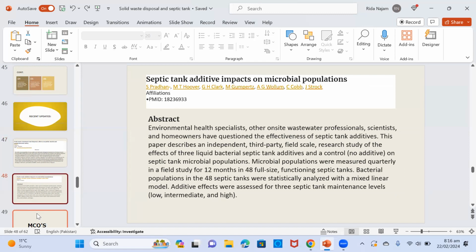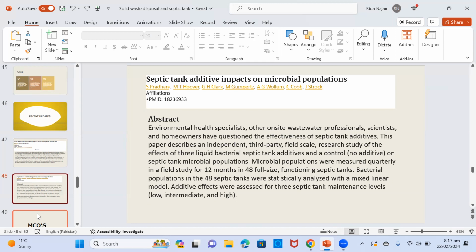Septic tank additive impacts on microbial population. Abstract. Environmental health specialists, other onsite wastewater professionals, and homeowners have questioned the effectiveness of septic tank additives. This paper describes an independent third party field scale research study of the effects of three liquid bacterial septic tank additives and a control additive on septic tank microbial populations.